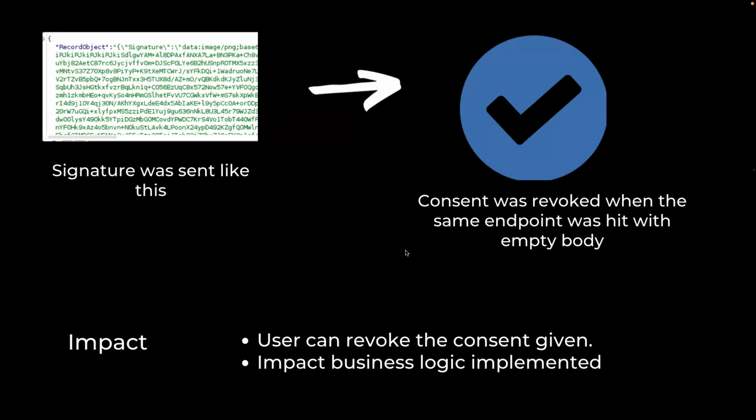So here you can directly revoke the consent. If anything happens, you can revoke the consent. This is the business logic which they implemented, and using this functionality we were able to revoke the consent given.